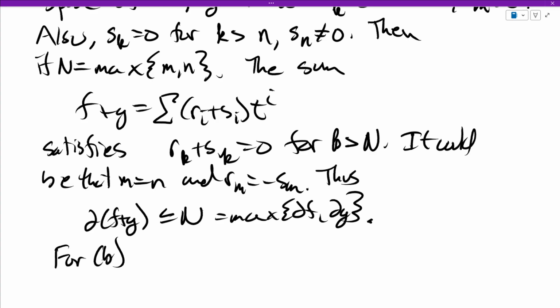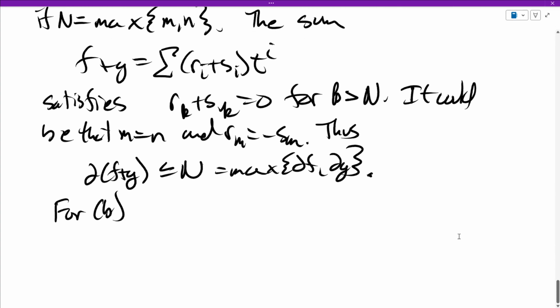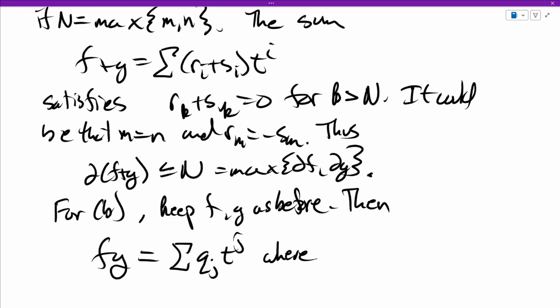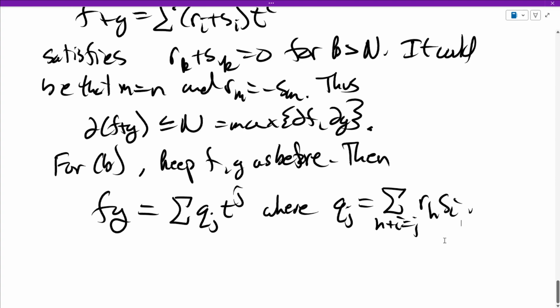For B, let's keep F and G as before. Then the product, F times G, is this big sum of Qj t to the j, where Qj is the collection of all pairwise products of R_h S_i.